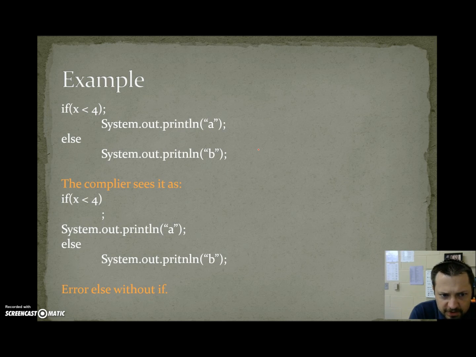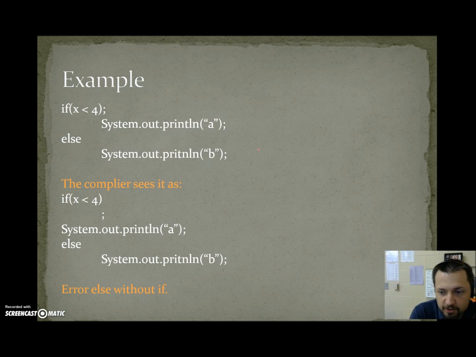Now what the compiler sees is if x less than 4, do the semicolon, which is nothing, so do the empty statement. Then right after the if, not inside the if, we have system.out.println A, followed by else system.out.println B. You get an error.